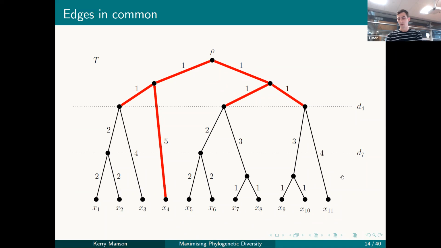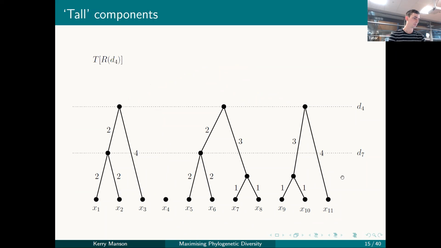So the idea that we had was, since these edges are in common to all MaxPD sets, what will happen if we remove them? If we remove them, we'll get what I call the tall components, in this case, for size 5 MaxPD sets. Essentially, we've got this dotted line here with the name D4, which is the distance closest to the root.